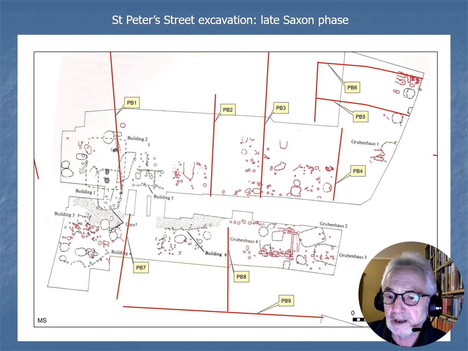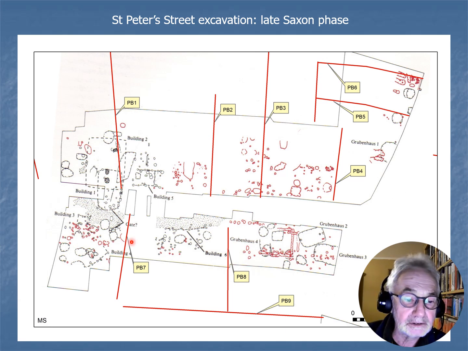If we turn to the excavation plan of the late Saxon phase, however, we can see that there is poor correspondence between features of this date and the Victorian plot boundaries. Hence PB1 cuts through buildings 1 and 2, while PB7 is set at an angle eccentric to building 4.